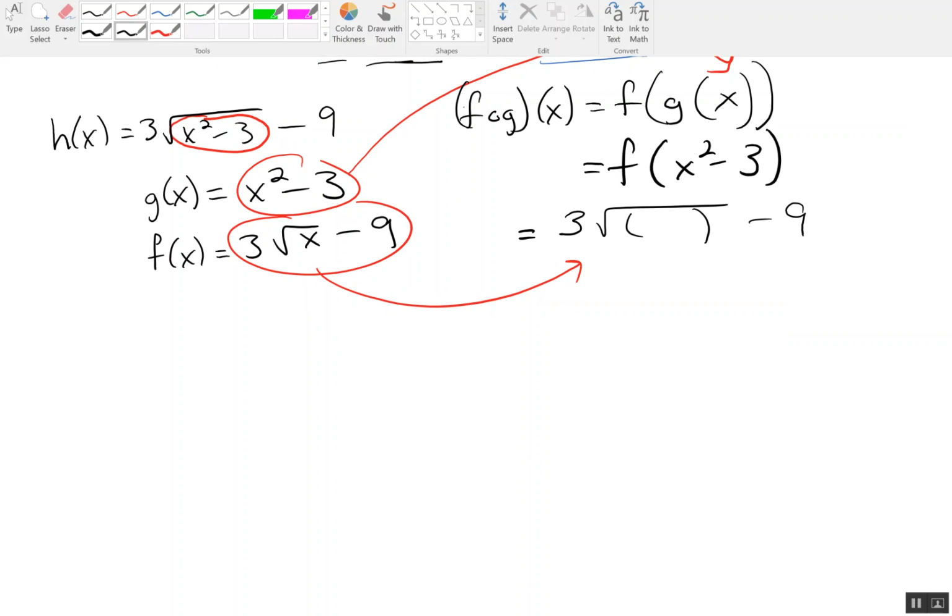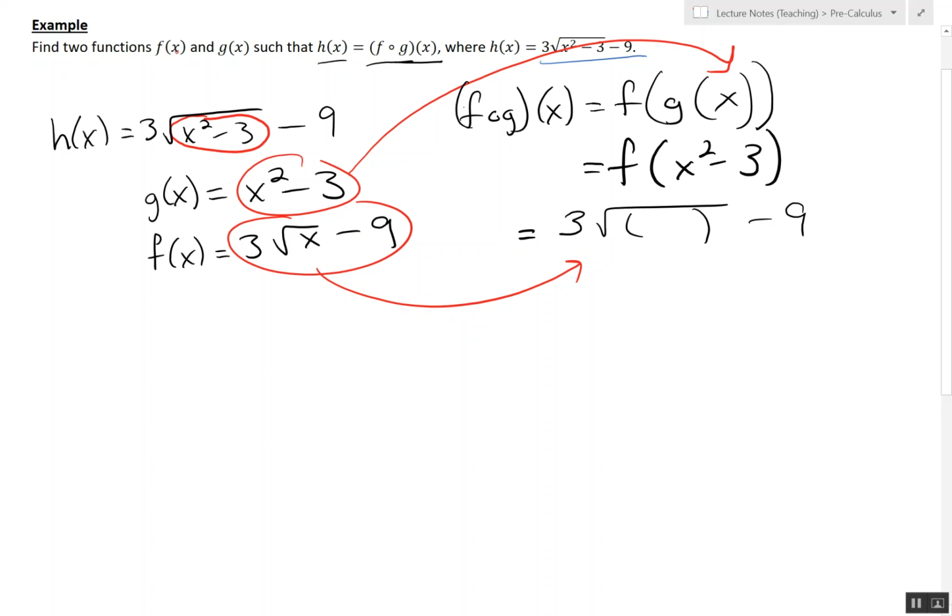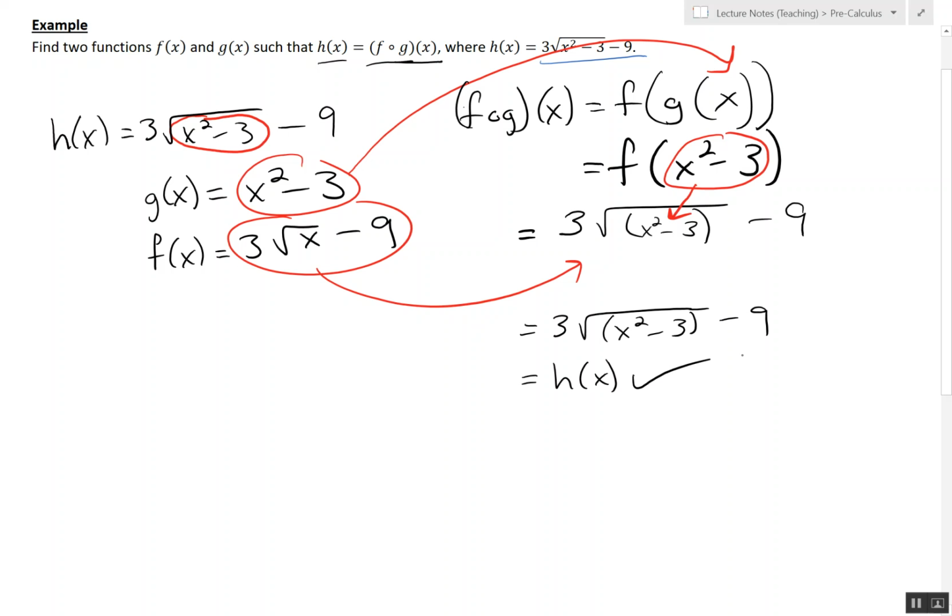And then whatever is inside the parentheses here goes inside the parentheses here. So that will be x squared minus 3. Let me write that more cleanly here without all the arrows. And notice that this is just the function h of x. So the answer is correct.